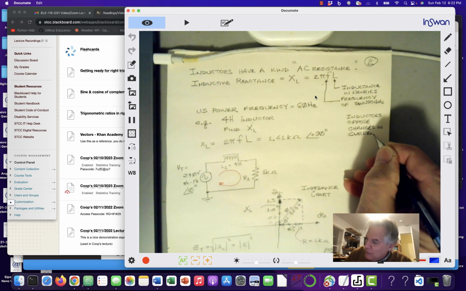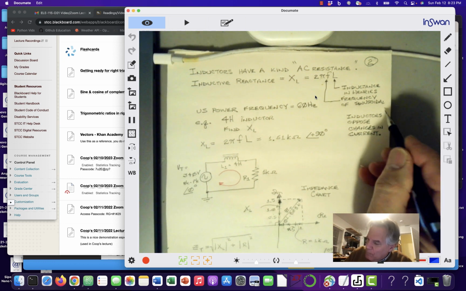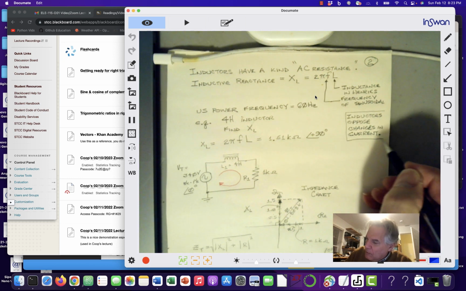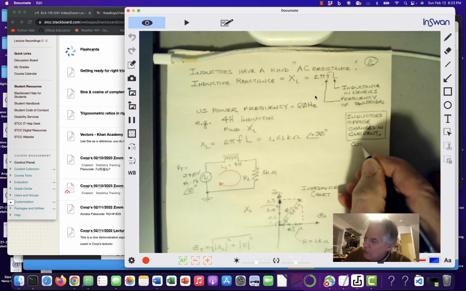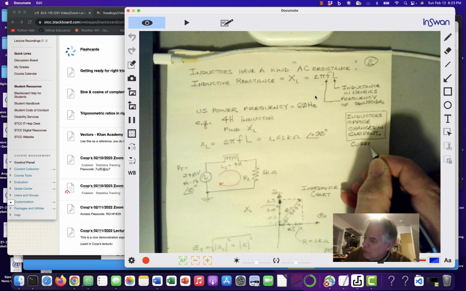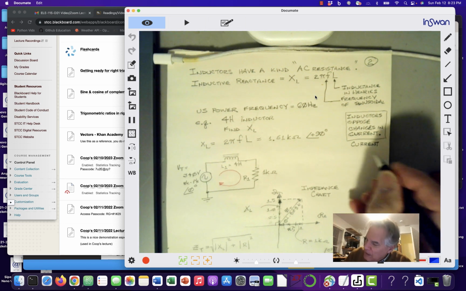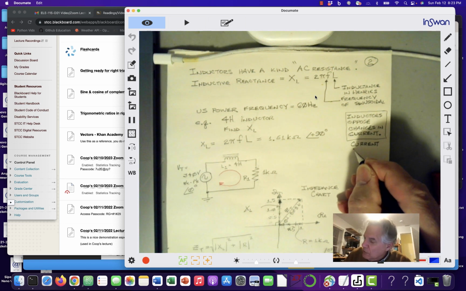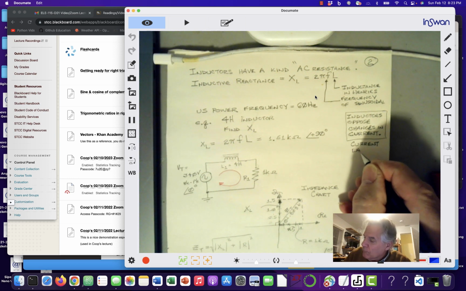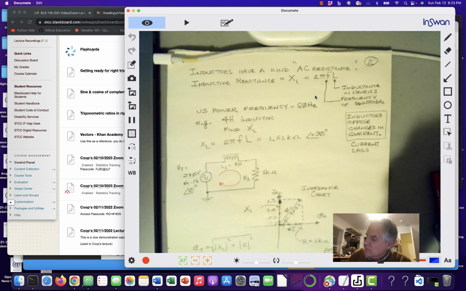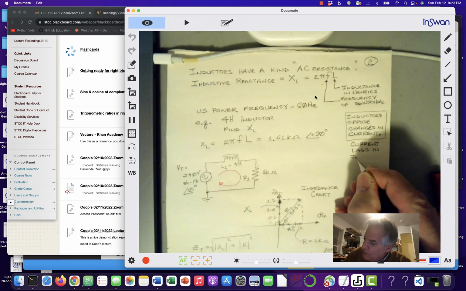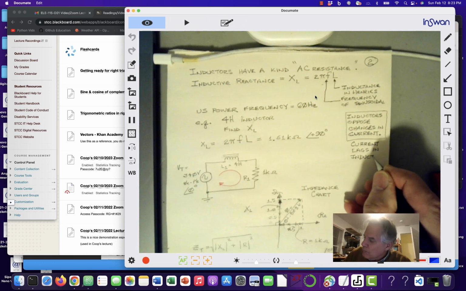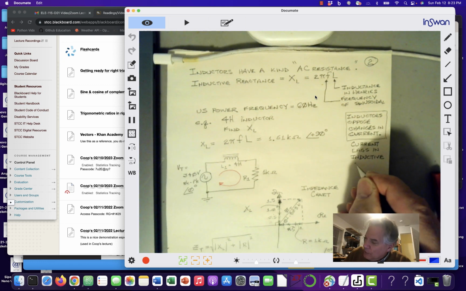Capacitors, it turns out, in fact, I'll add another statement here. Current lags in inductive circuits.